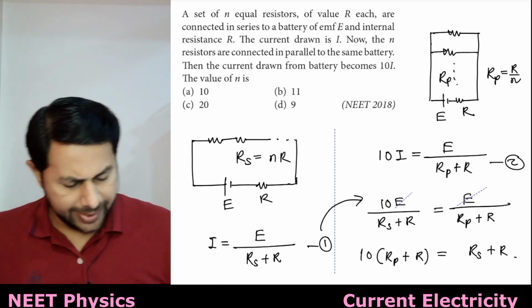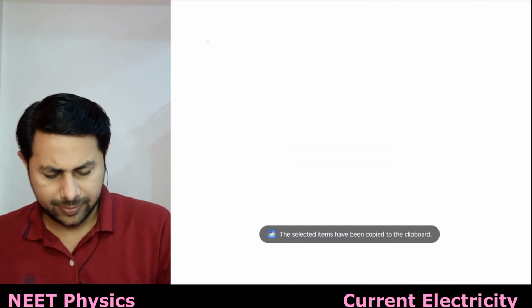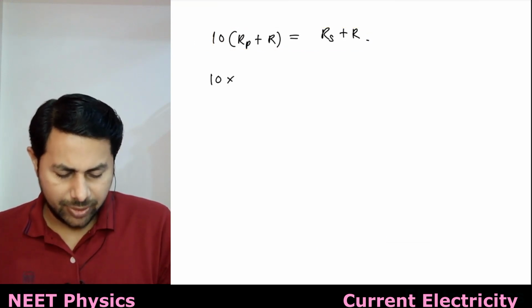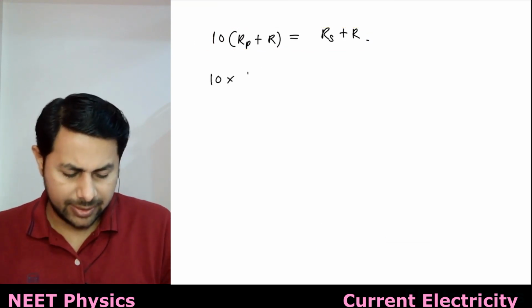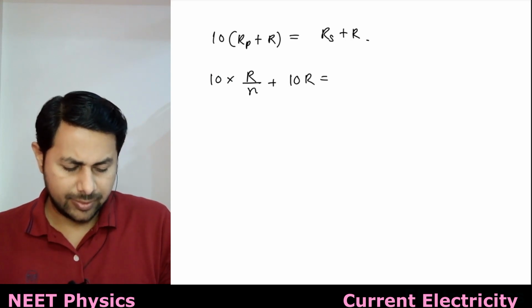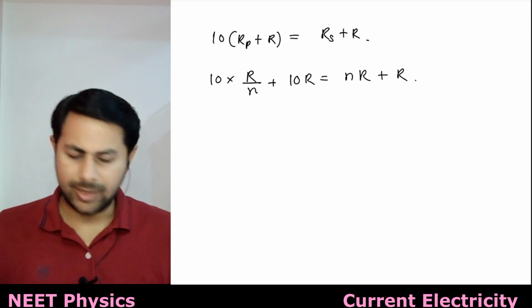So 10 times R by n, plus 10 times R, is equal to Rs, which is nR, plus R.